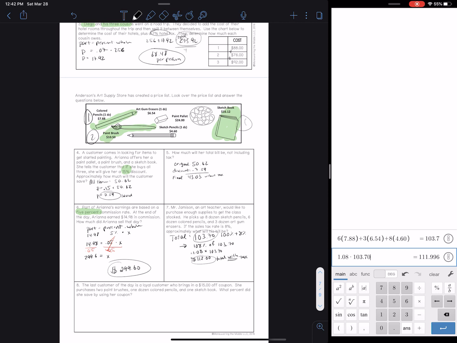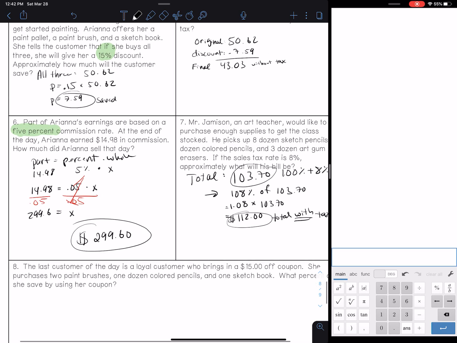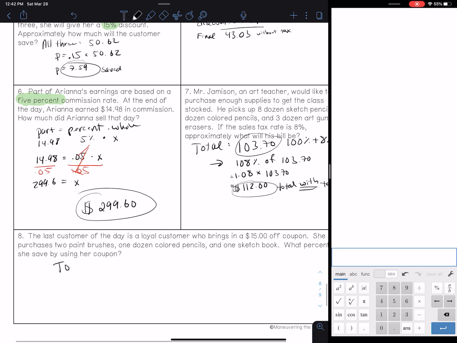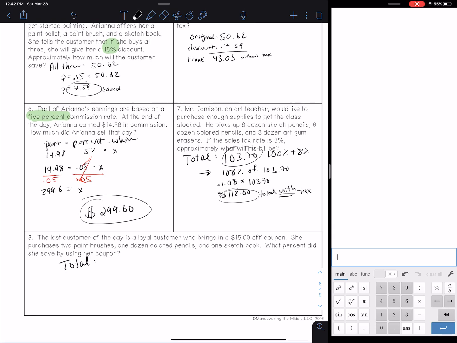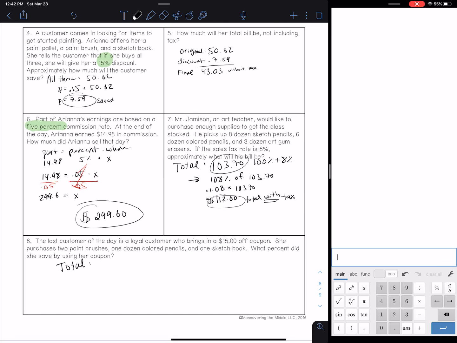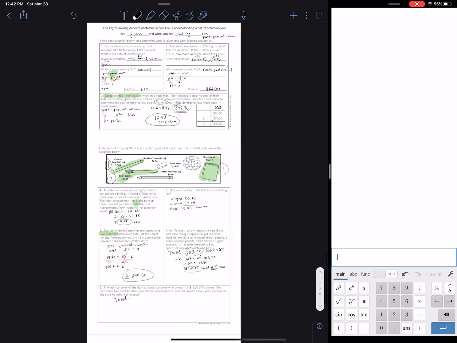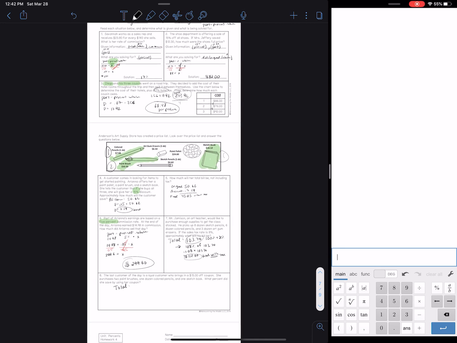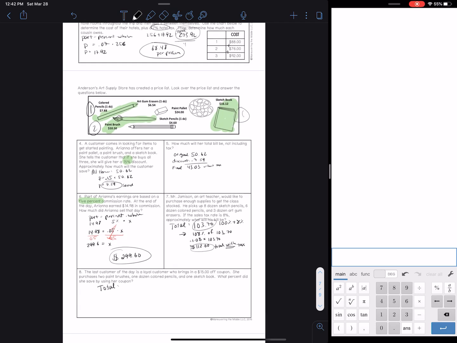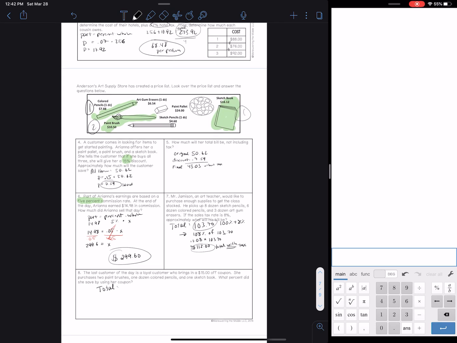So let's calculate how much she spends. So we're looking for the total, of course, right? So what percent did she save by using her coupon? So she got 2 paintbrushes, and each one was $10.50.